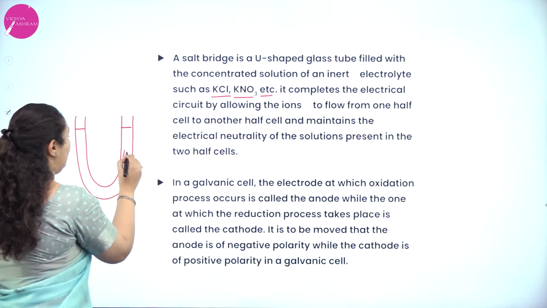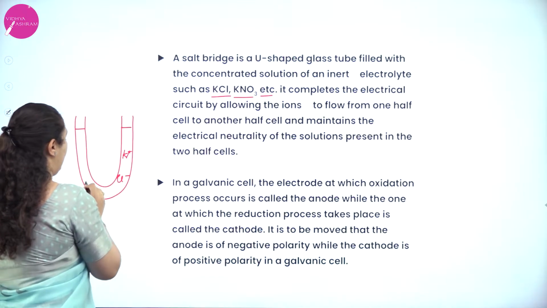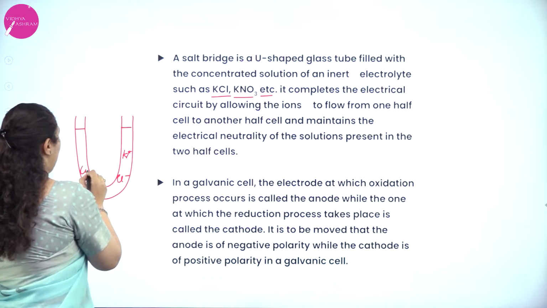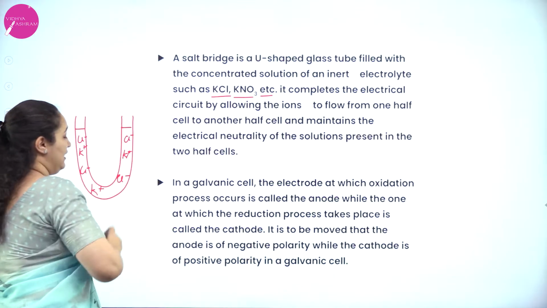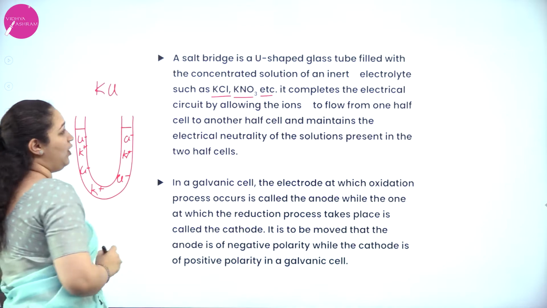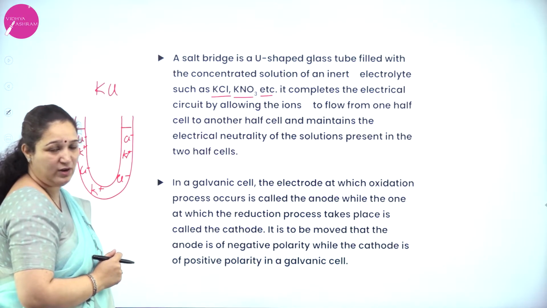So if it is KCl, we have potassium ions and chloride ions, because it is made up of potassium chloride, or it can be made with potassium nitrate also.